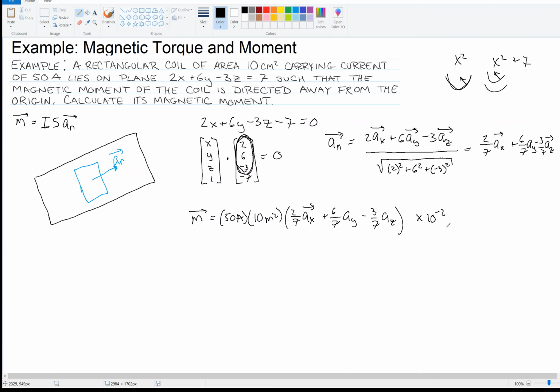So we do that multiplication, and we just have 10/7 in the x direction plus 30/7 in the y direction minus 15/7 in the z direction. Nice. And that is amps times square meters. And that is our answer.